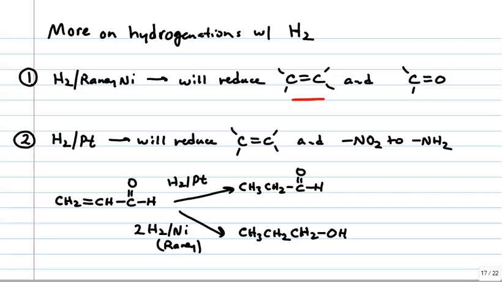You can reduce a carbon-carbon double bond, or you can reduce a carbonyl. Well, sometimes in doing the diazonium salts, that would be a problem. Also, Raney nickel is just not good at converting a nitro group to an amino group. So you want to avoid using Raney nickel in making a diazonium salt.